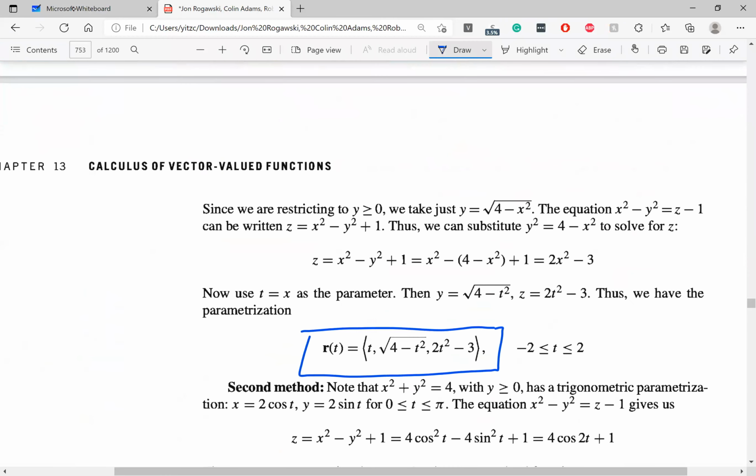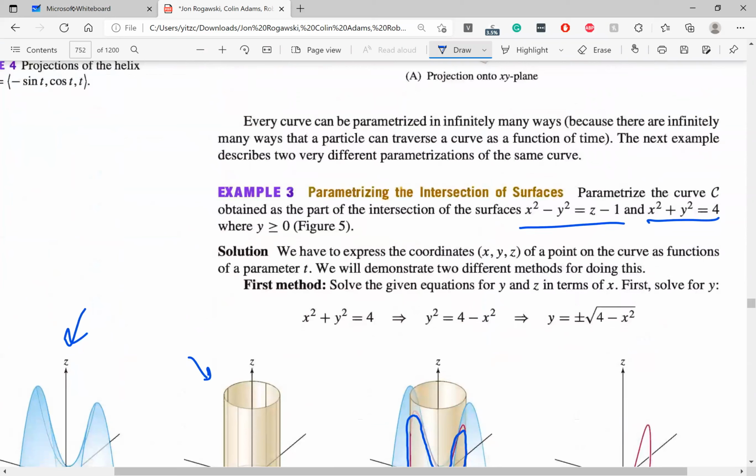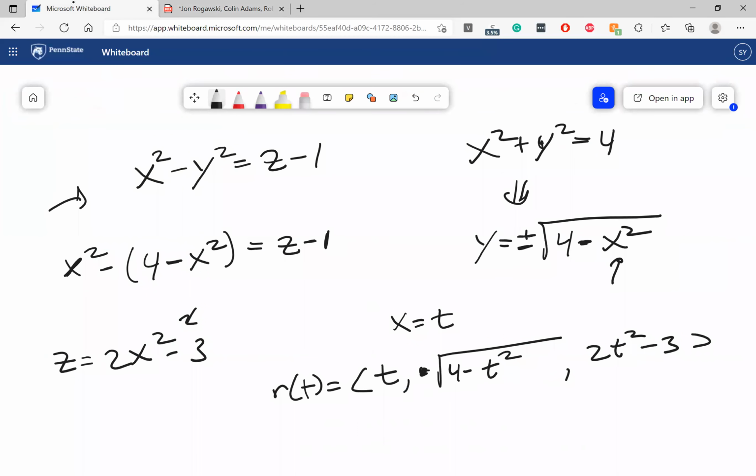So they said somewhere that y is positive. So that's why you only get the positive, you don't get the negative. Okay, any questions?